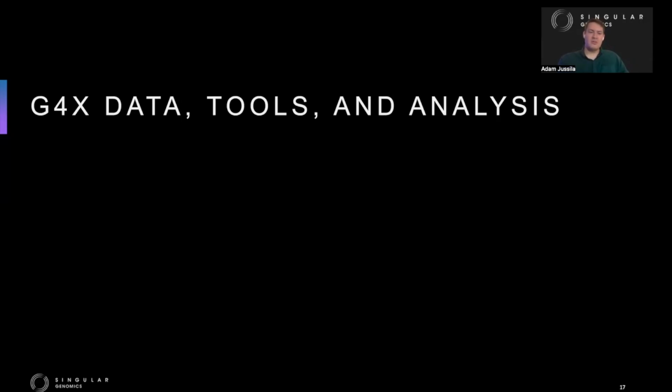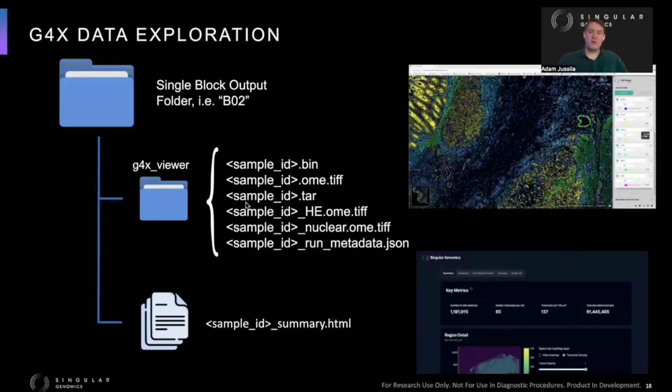One of our standard outputs is actually designed for one of our custom in-house tools that we call the G4X viewer. The G4X viewer is a dynamic image viewer that allows you to look through multimodal, multi-layered images, sort of immediately exploring and analyzing the data.